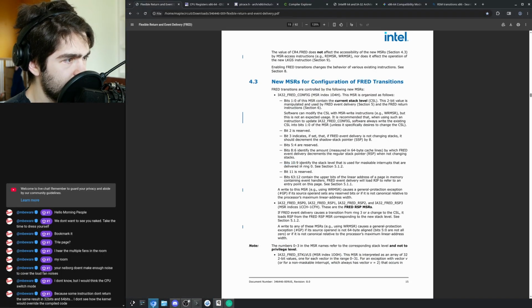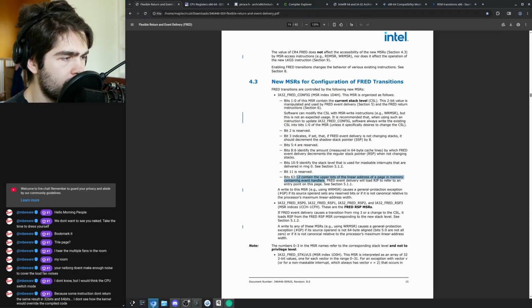Bit 10 to 9 identify the stack level that is used for maskable interrupts that are delivered in ring 0. Okay. Bit 11 is reserved. Bit 63, so the last bit, to 12, contains the upper bits of the linear address of the page in memory containing event handlers.